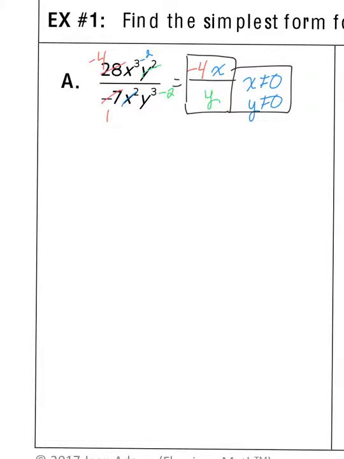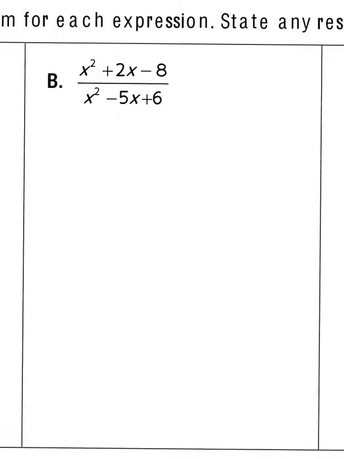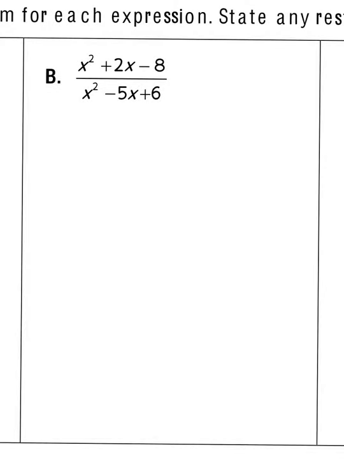All right, so let's look at b. For b, you can factor the numerator, and at this point I'm making an assumption that you know how to factor. So you can factor the numerator as x plus 4, x minus 2. And your denominator would be x minus 2, x minus 3.